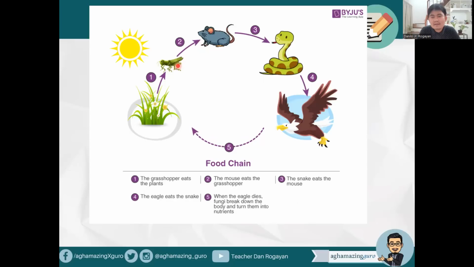Question. If the producer or the grass has 2,000 kilocalories, how much energy will the eagle receive? Again, the grass has 2,000 kilocalories. How much energy does the eagle receive? Okay, bakit may 10? 2,000 kilocalories sinabi ko.